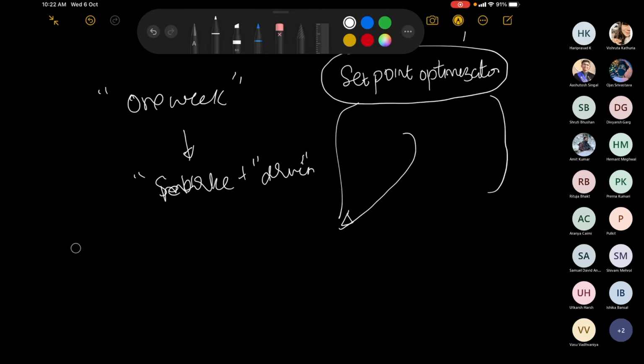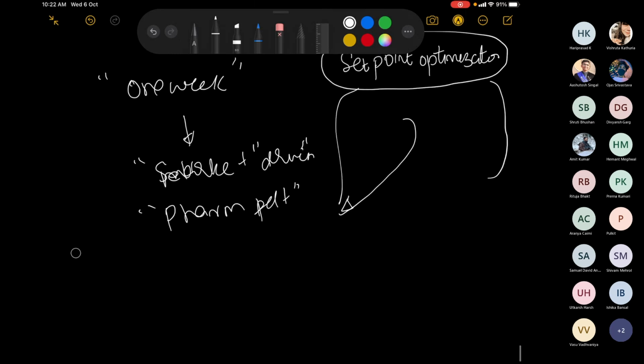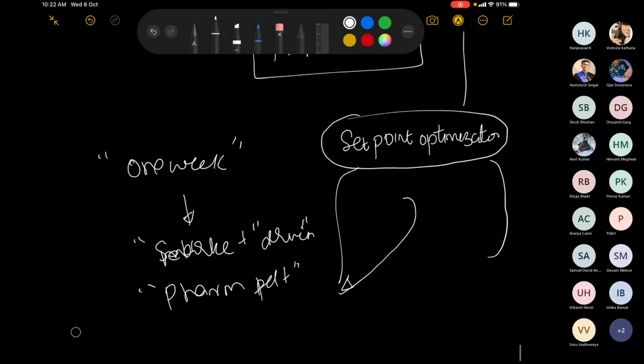Let's say for one week you are deciding what you would produce. For instance, consider you are doing the production of a particular pharma product. So what would happen in this pharma product? You would calculate one week's demand. You know what your buyers, or your market, have given you as schedule.